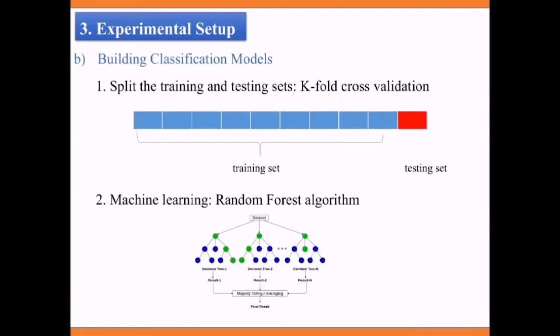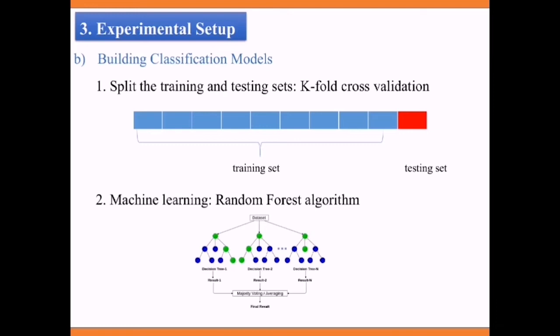Before building the classification model, we use a cross-validation method to divide the dataset of each project into a training set and a test set. K-fold cross-validation randomly divides the dataset into k folds of the same size, each of which has roughly the same proportion of defect changes.